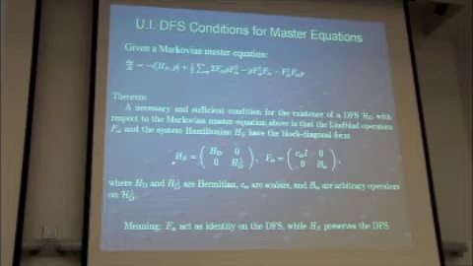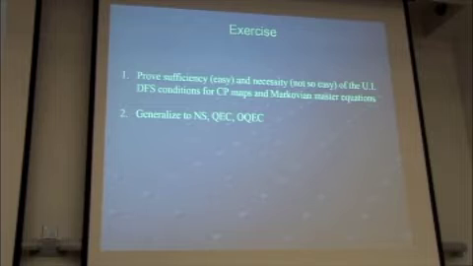But also, we have to make sure that the system Hamiltonian doesn't cause transitions outside of the DFS. Okay, so we need these zeros on the off-diagonal, so that the Hamiltonian itself is not going to be the culprit and cause leakage out of the DFS or into the DFS. We have to keep these two things separately in check. Okay, so what does this mean? It means that the Lindblad operators act as identity on the DFS, and the system Hamiltonian preserves it. That's the condition for a unitarily invariant DFS, and you can come up with conditions for the other three types of information preserving structures.